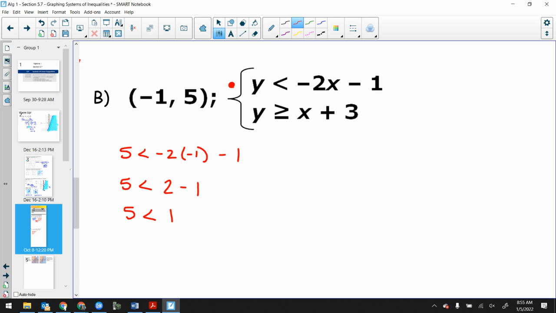Uh-oh. Is that a solution? No. Last time I checked, 5 was not less than 1. So that is not a solution. Do I even need to check the other inequality? No. I can go straight to saying that this is not a solution.